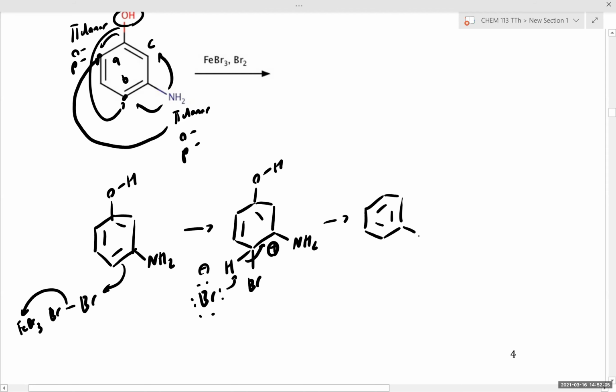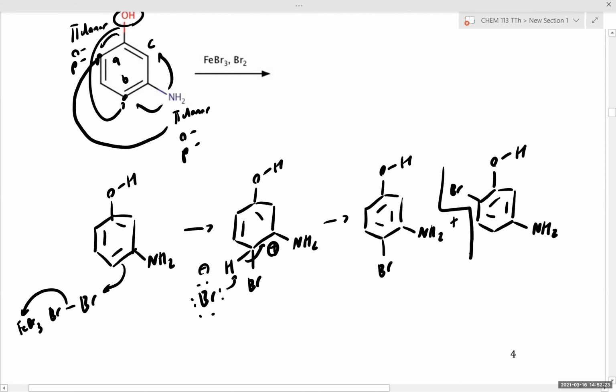So we observe the ortho substitution product relative to the amine. And we also observe, as an equally major product, the para-substituted product relative to the amine. So these are our two major products.